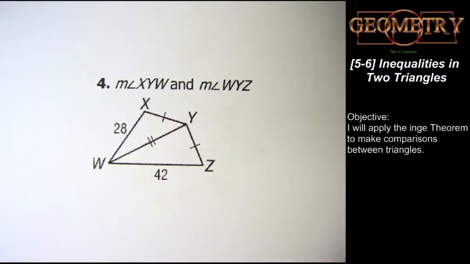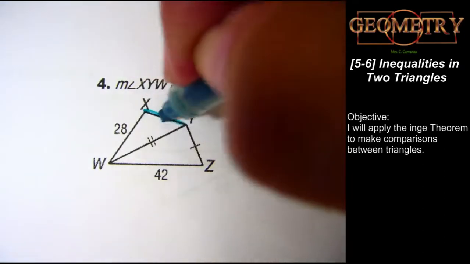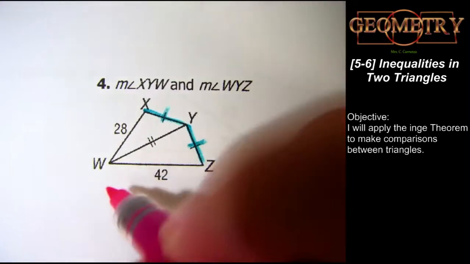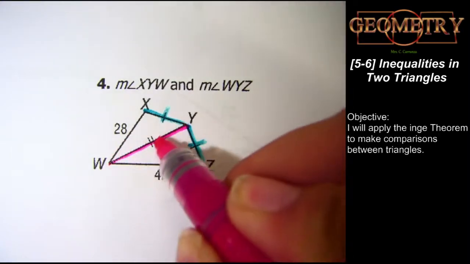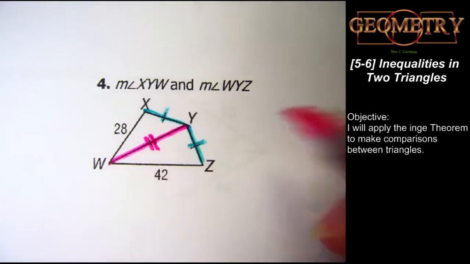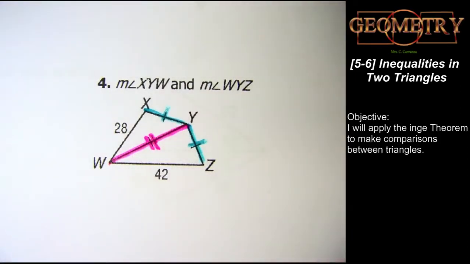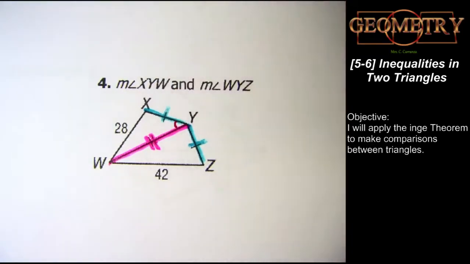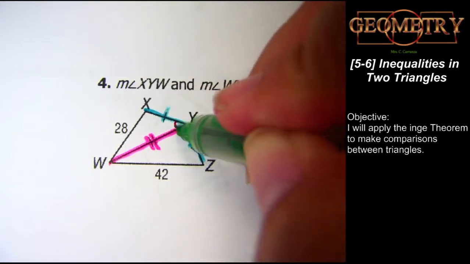Here is number 4. We're going to look first for sides that are congruent. So I have these two sides being congruent to each other, and then I have this side for this triangle being congruent to this side for this triangle. And so really what we're after is the comparison between this angle and this angle.